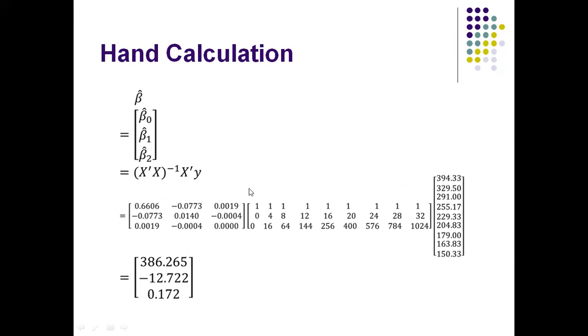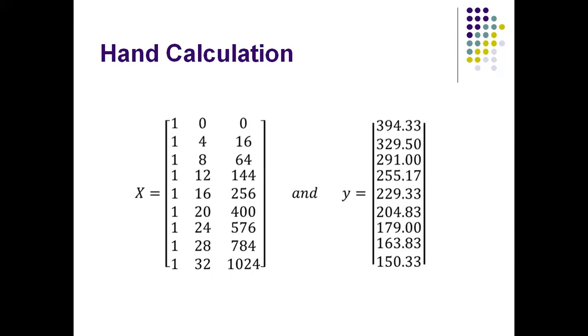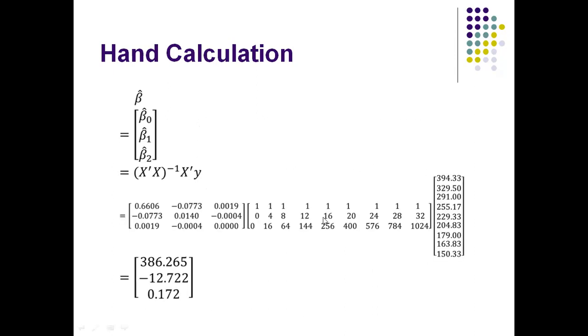X transpose means you exchange rows and columns. The X matrix has 3 columns, so X transpose will have 3 rows. So you get 3 rows with these values, and this is Y. You need to multiply all these, and finally you will get this, this, and this.